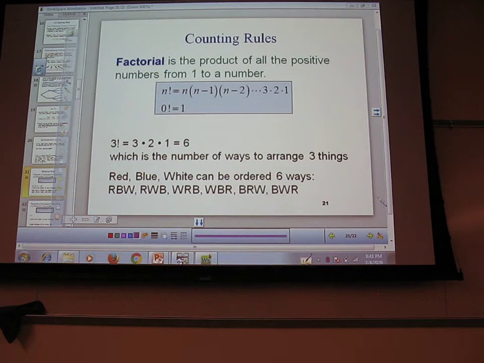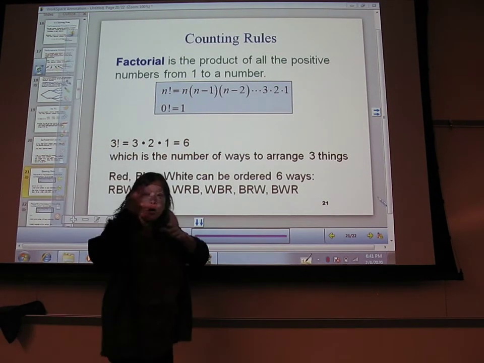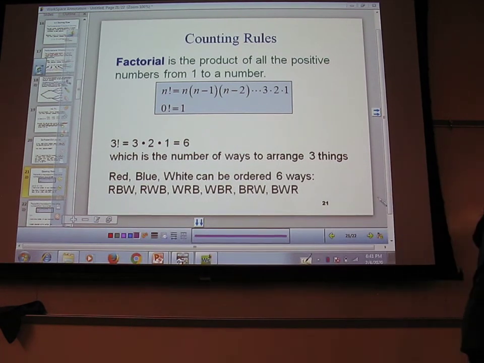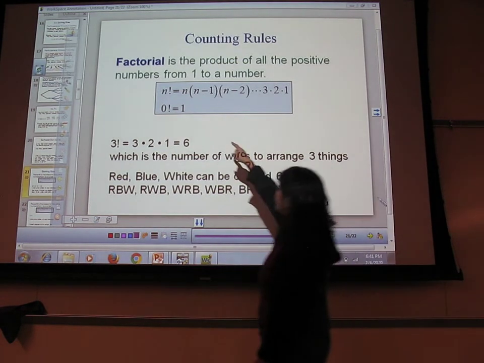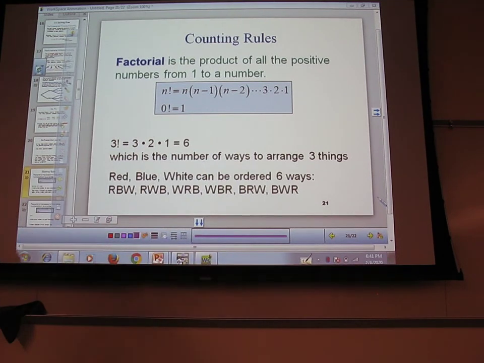N factorial equals n... So n factorial, you start with n, and you just keep going down 1 until you get to 1. So like 9, 8, 7, 6, 5, and just multiply all those numbers down to 1. 0 factorial, please note 0 factorial is 1. It's defined as 1. Just stop there and that's good.